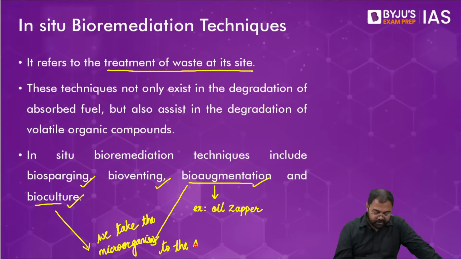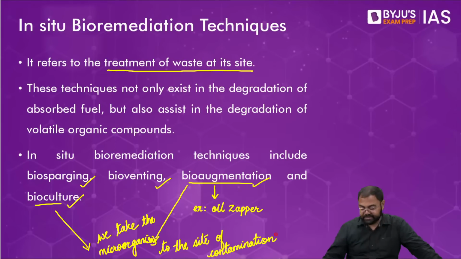So that is the basic difference. Here the microorganisms will be taken to the site of contamination, whereas in case of biosparging and bioventing, they are already present, just that you are trying to enhance the activities.